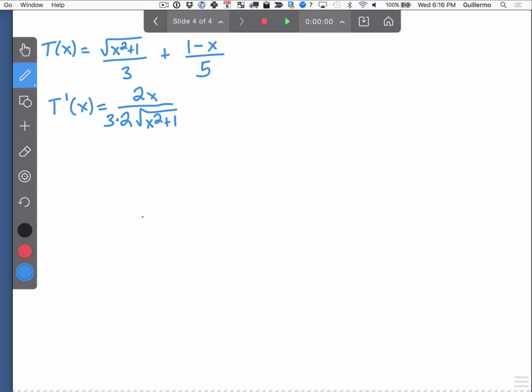Okay, and then notice the 2's cancel, so that's nice. Now plus the derivative of 1 minus x over 5. What is that?